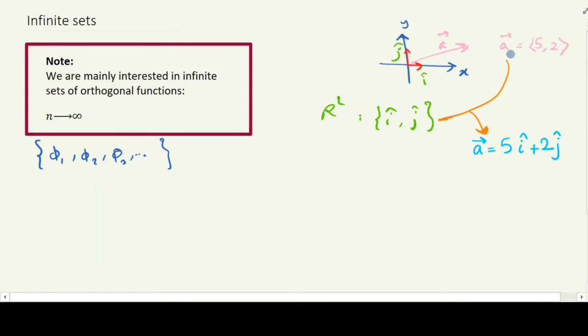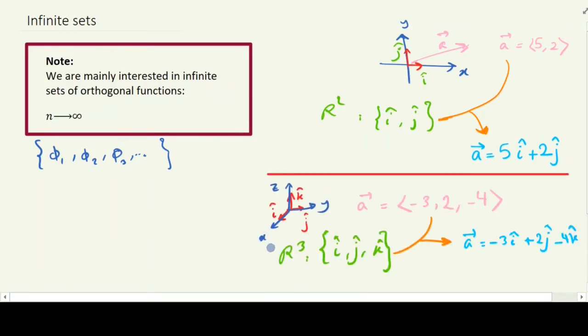For example, if you have this vector a with components of 5 and 2, you can generate that as 5i plus 2j, right? So you can use this basis that you have here, i and j, to generate this vector a.